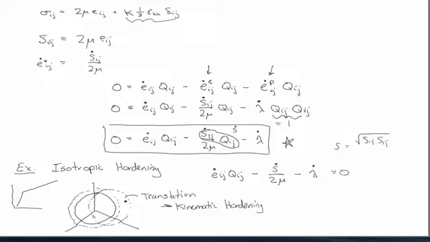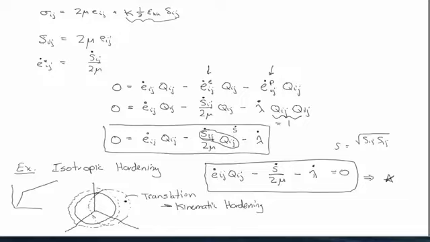Just remember, I'm contracting a tensor with a tensor, so this is a scalar, this is a scalar, this is a scalar. Okay, so let's call this star.